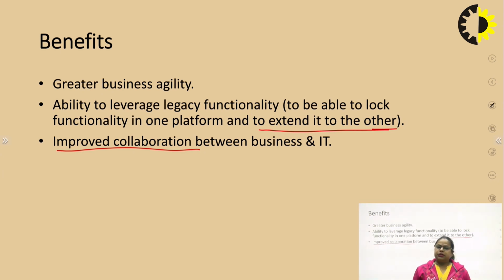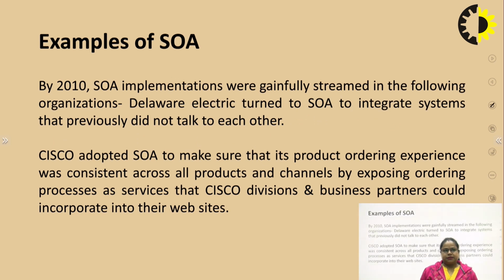Whatever protocols we need to follow with each other, we can exchange the data in the same way. So that is why SOA improves collaboration between the business and IT industries. As we know, when I'm talking about certain examples of SOA, there are various industries and organizations that follow SOA, right?